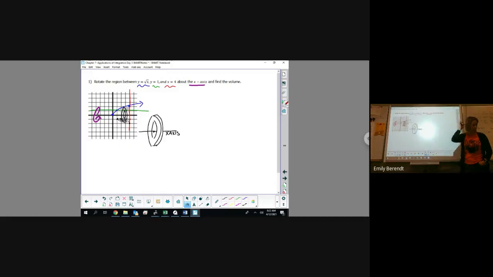The x-axis is y equals 0. Then the inner radius, little r of x, touches the equation y equals 1, and the big R of x touches y equals the square root of x.